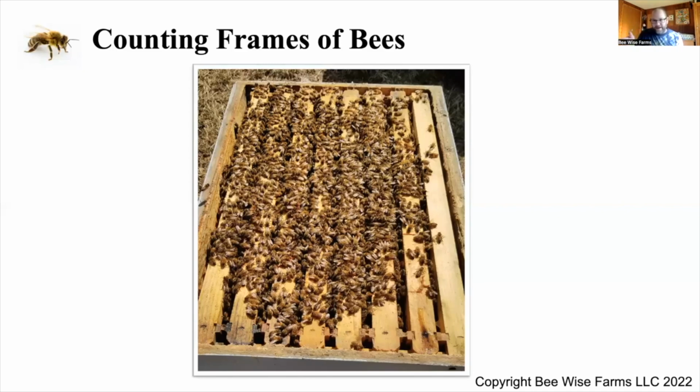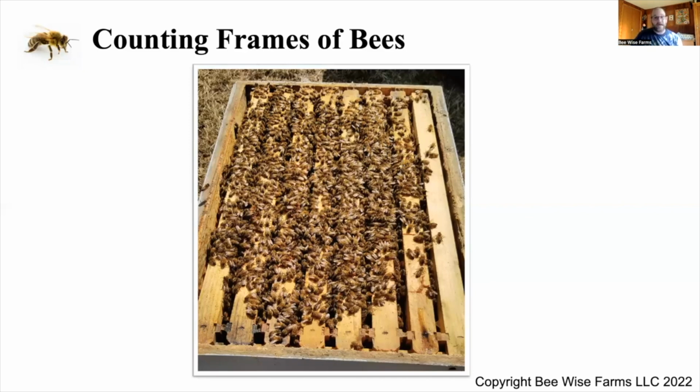If you have it on one side of the frame, we're not going to count it. Both sides of the frame. So let's look at these frames. One to the far left, there's bees on both sides of the frame, clearly. 1, 2, 3, 4, 5, 6, 7 frames of bees in this box. And that's how you count.